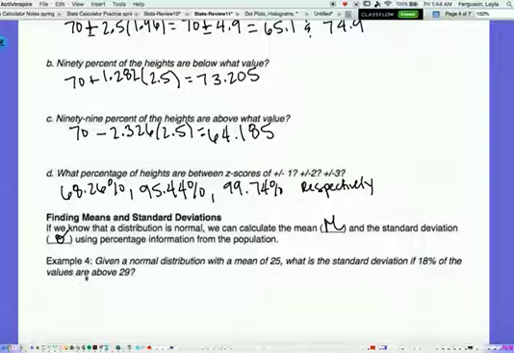So we're trying to figure out what the standard deviation is, but it tells us that 18% of the values are above 29. That means that 82% are below 29.